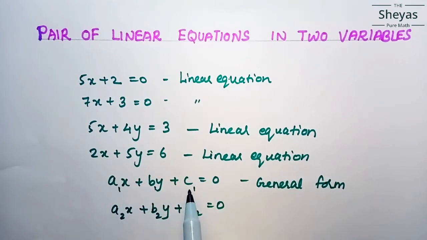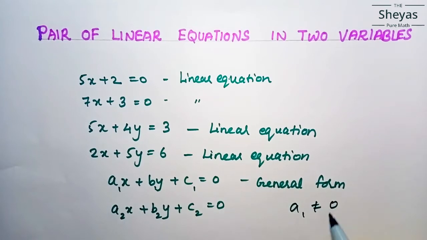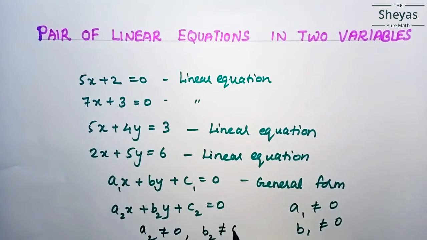Here a, b and c are constants. a1 is the coefficient of x and b1 is the coefficient of y, and here also a2 is the coefficient of x and b2 is the coefficient of y. And here a1 is not equal to 0 and b1 is not equal to 0, and here also the same condition, a2 not equal to 0 and b2 not equal to 0.